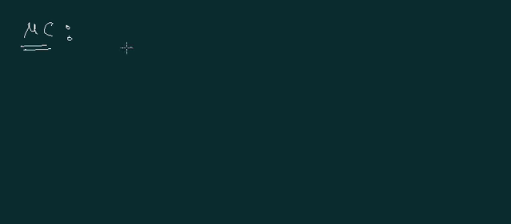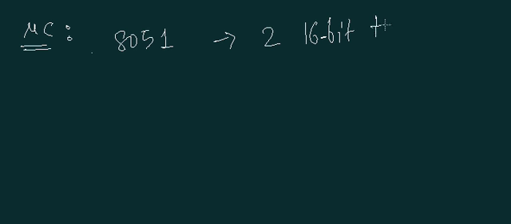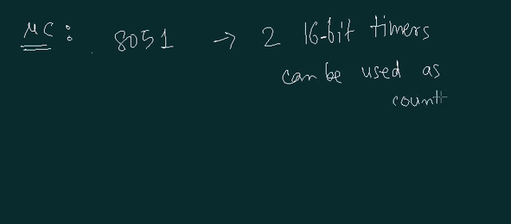So, we know that 8051 has two 16-bit timers, and they can be used as counters. I hope that we remember the difference between counter and timer, right.